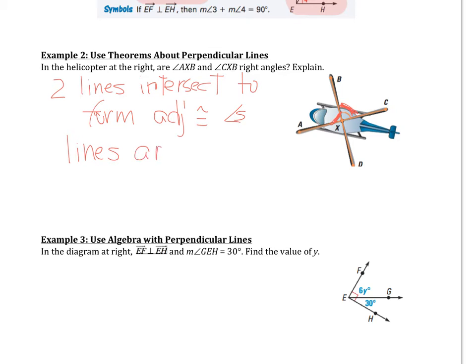Those lines are perpendicular. So the angles are right angles.